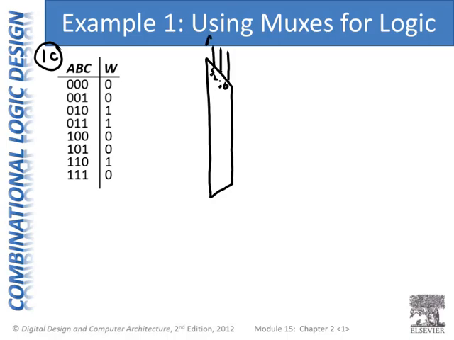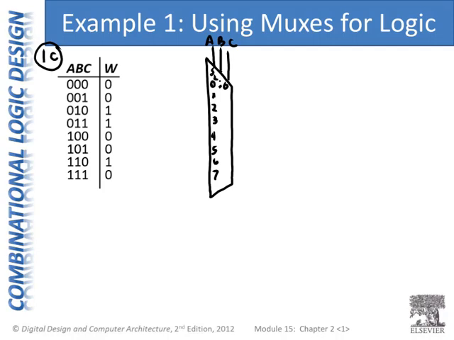And here we put A, B, and C on our select lines. This is data input 0, 1, 2, 3, 4, 5, 6, and 7. You could also write those in binary, but it's faster to write it in decimal.